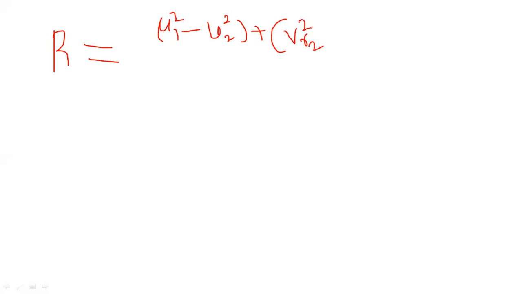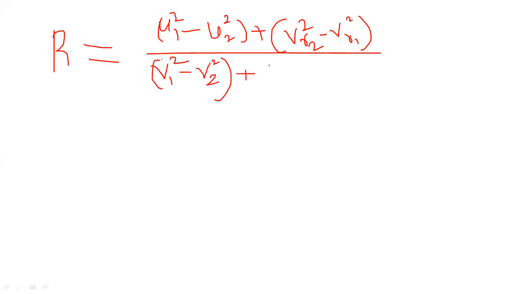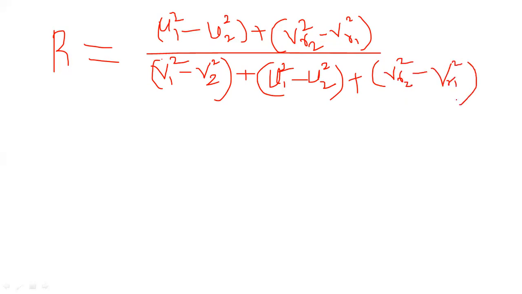So automatically this equation becomes R is equal to the static component, that is U1 square minus U2 square plus VR2 square minus VR1 square, whole divided by V1 square minus V2 square plus U1 square minus U2 square plus VR2 square minus VR1 square. This is our degree of reaction equation.